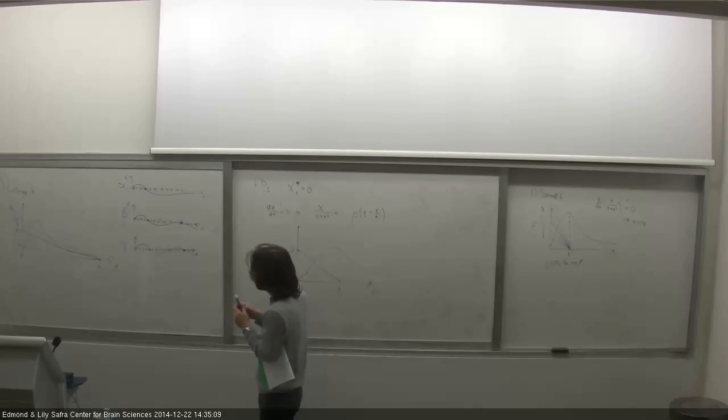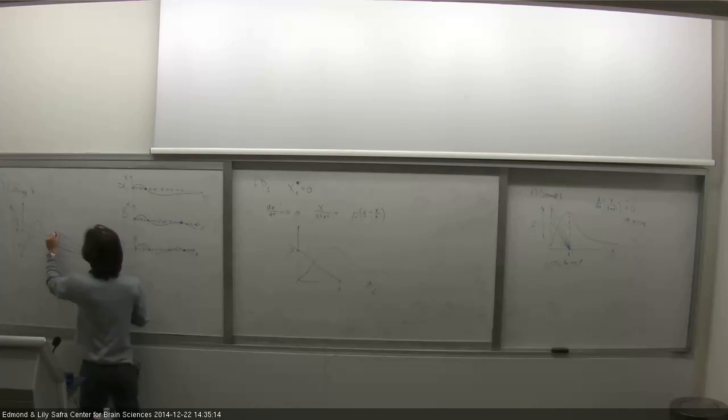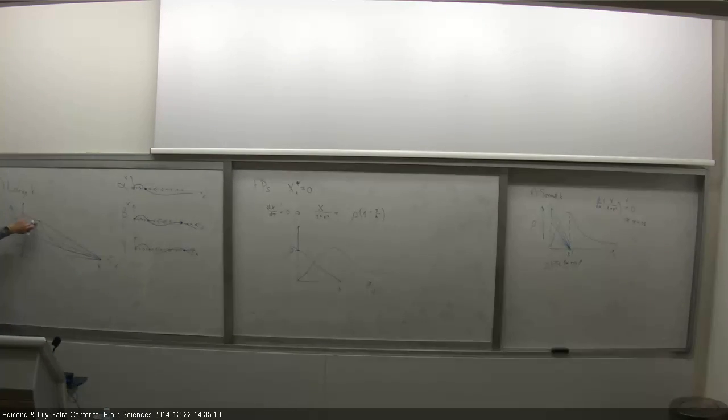Okay, so this is gamma. If we increase rho even more, we will get to some critical point where we are tangent to this hill. Call this delta.